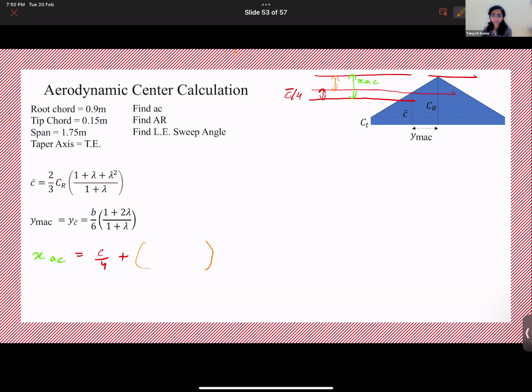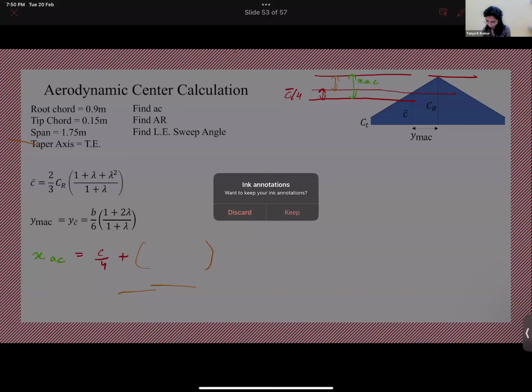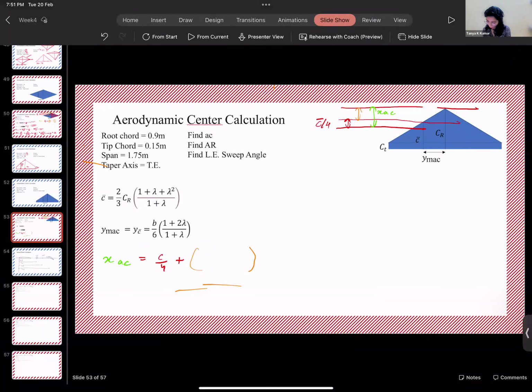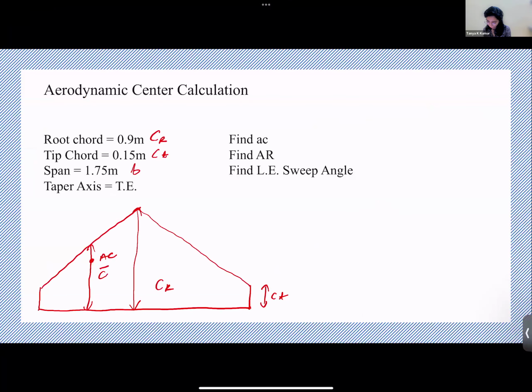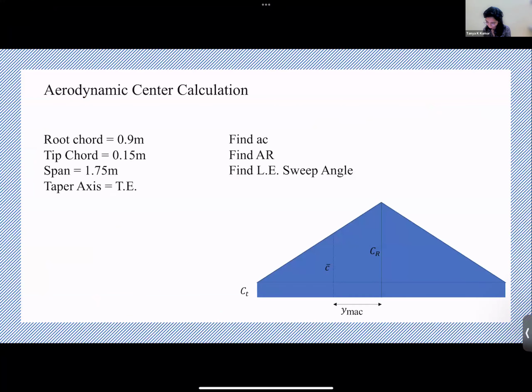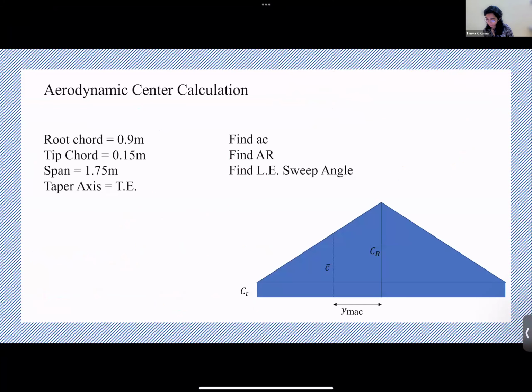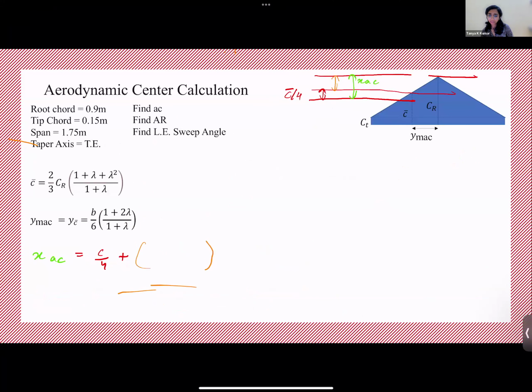In the previous case, it was CR by 2 minus C bar by 2. Okay, so similarly, what is it in this case? What is the distance in orange?